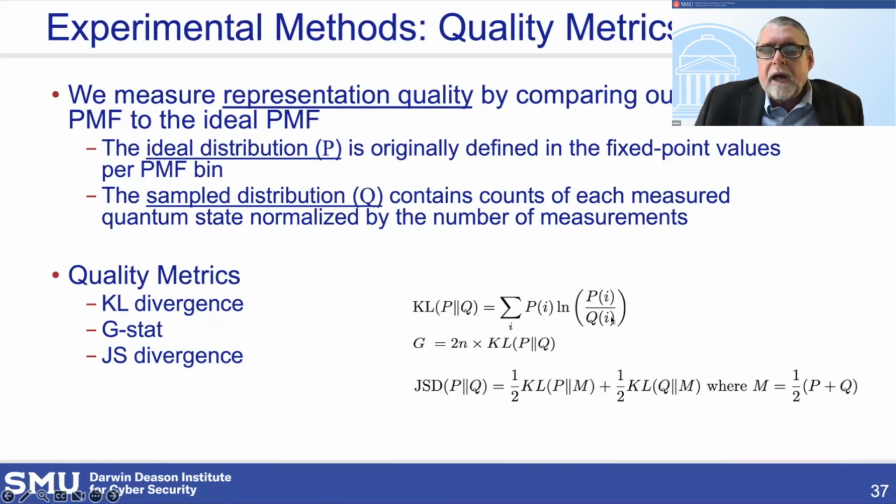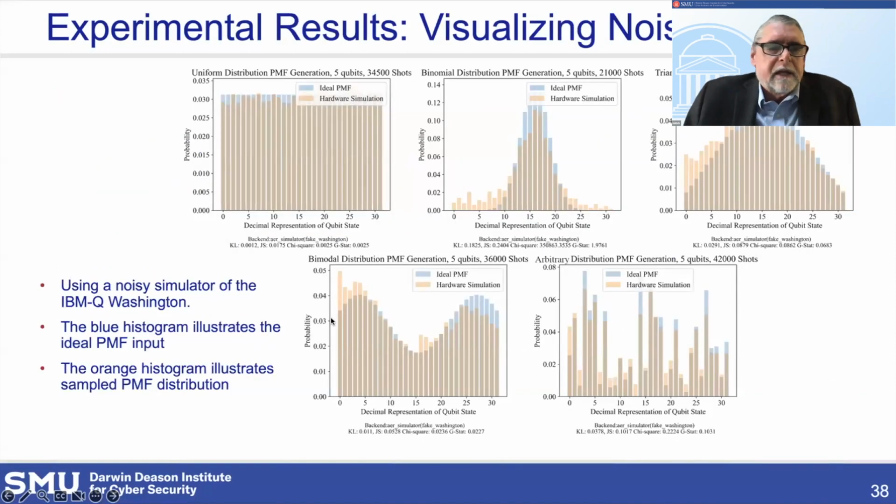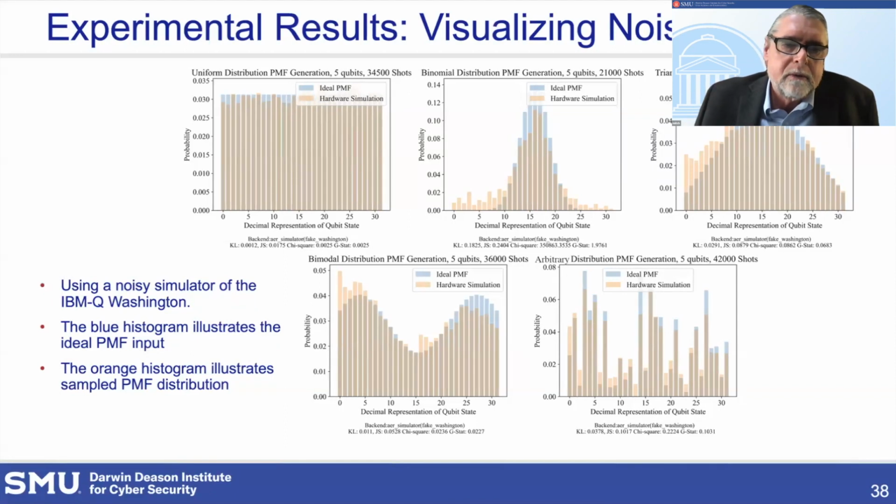But Kullback-Leibler can get you into trouble, because if this value in the parentheses is less than 1 and you take the natural log, it can jump down to negative infinity. So Jensen-Shannon kind of takes care of that for us. In any event, it's probably easier to just look at the generated distributions versus the ideal distributions than to make sense of those metrics.